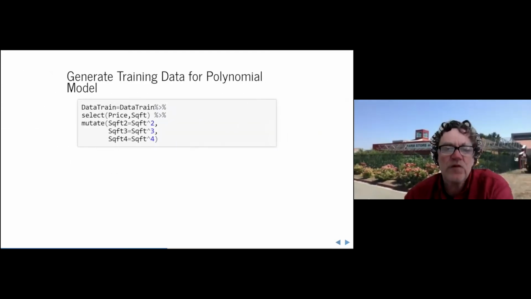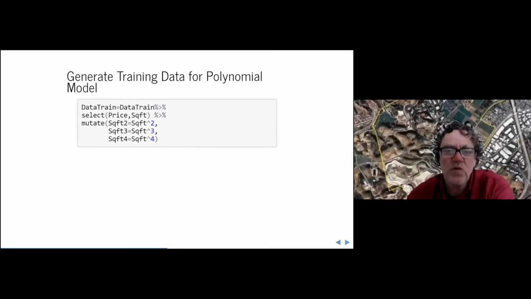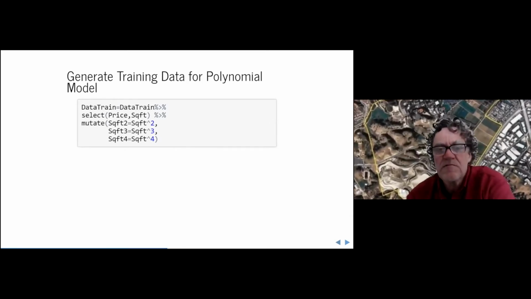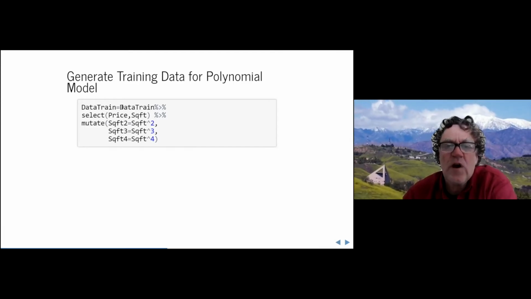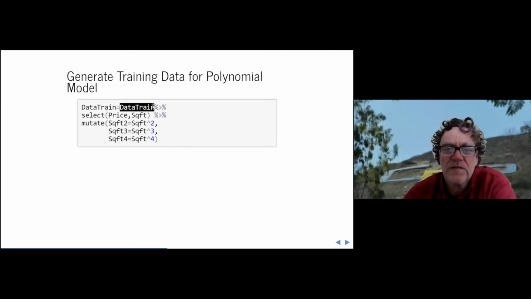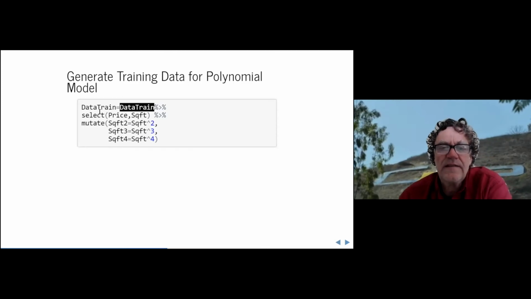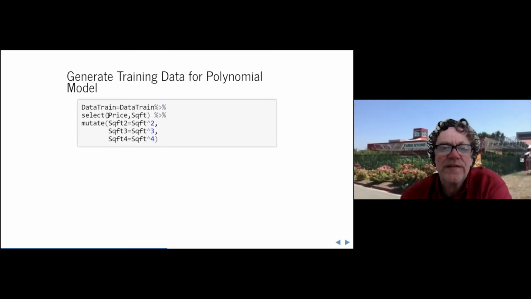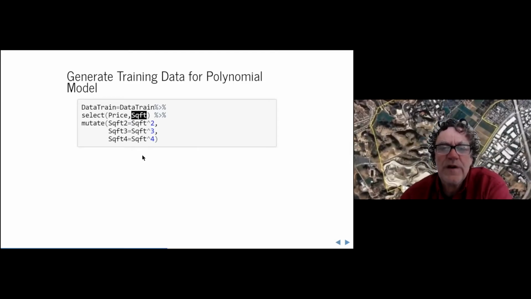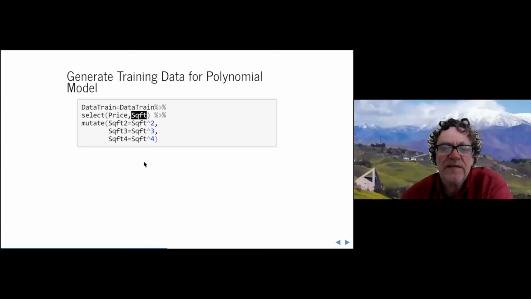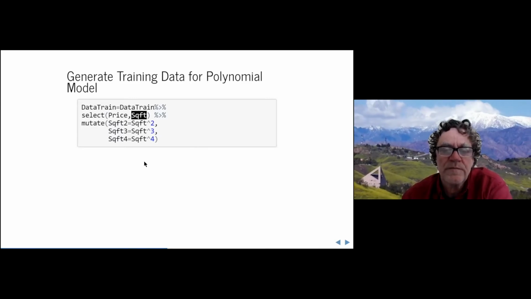First, we have to create our new training data set. And that is quite easy. I take the old training data set and I only consider the price and the square feet variable. So now my data set has only 2 columns.